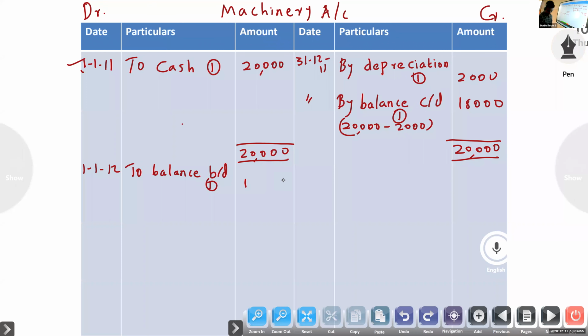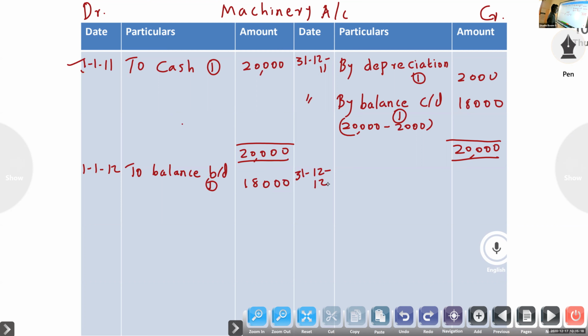Now you have to look: 1st July additional machinery, and 1st April 2013 we sold, and the same date we purchased another machinery. So no problem. This year end there is no sale. If there is a sale, then the credit side date will change. Otherwise, look at 31st December 2012.